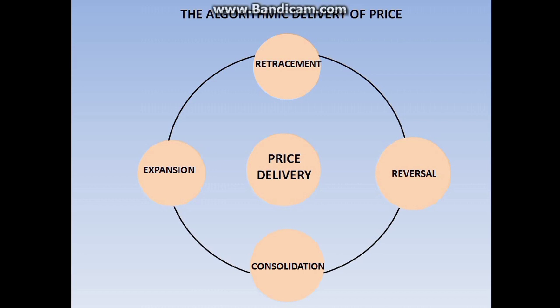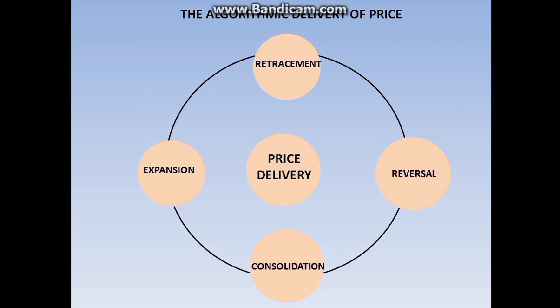The algorithmic delivery of price is based on this. This is how price is being delivered on a daily basis to the marketplace. There is nothing outside of this, and this is what I'm going to share with us today.